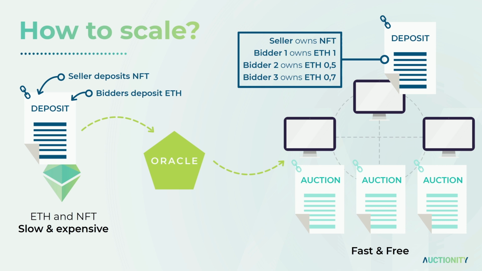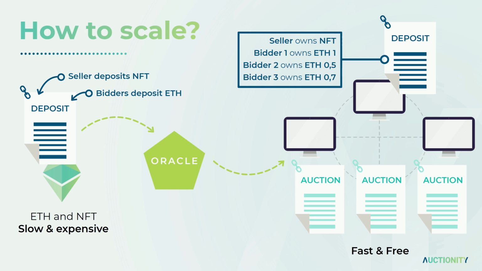So this costs money at this point. That's necessary because Ether and non-fungible tokens only exist on this network. And the oracle is just going to mirror it on the Auctionity network. The deposit on the Auctionity network will just be aware that the seller owns the NFT, that bidder 1, for example, owns 1 Ether, and bidder 2 owns 0.5 Ether, etc.